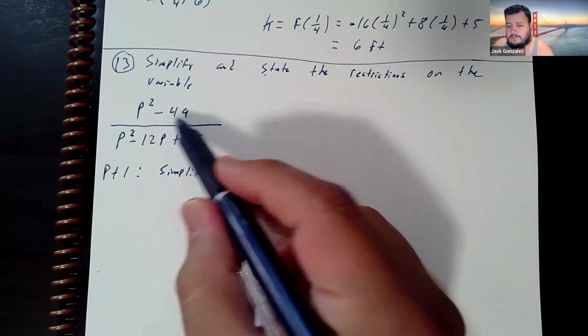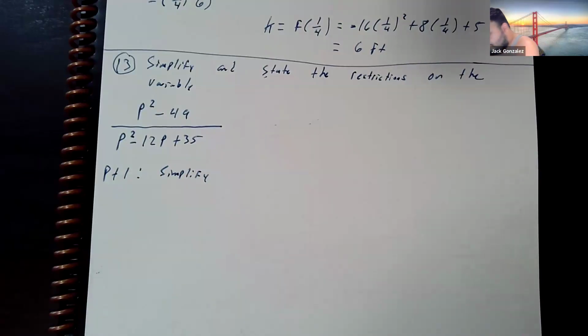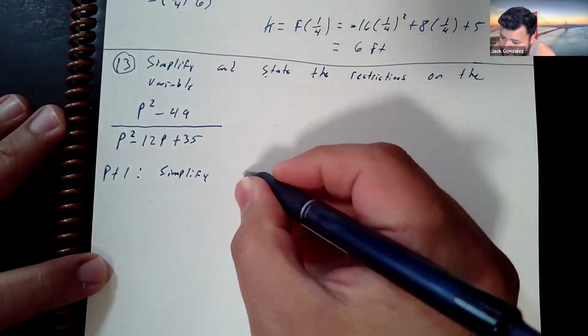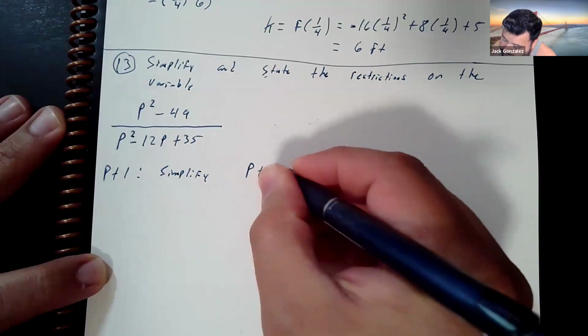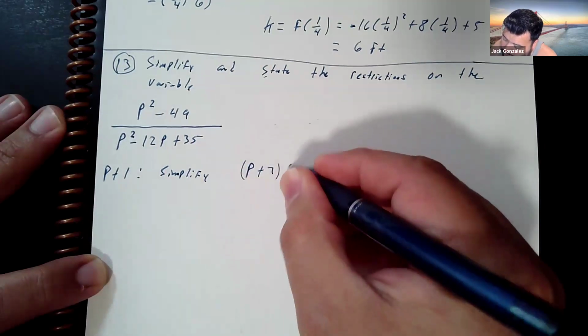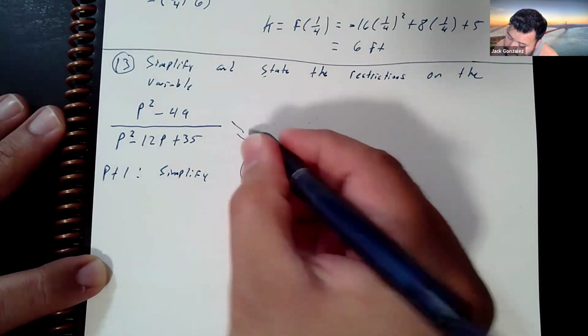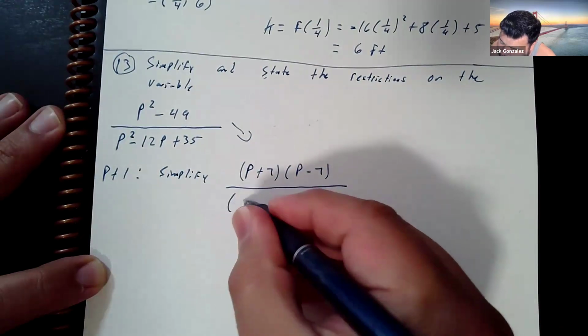The difference of squares, right? E plus 7, E minus 7, right? And then how does the bottom part factor?